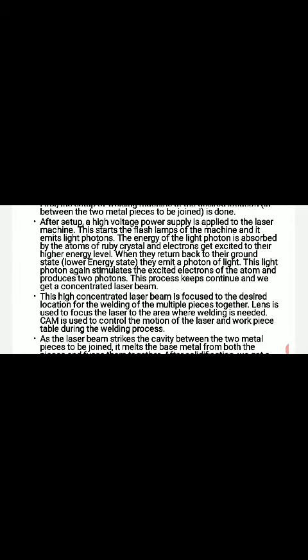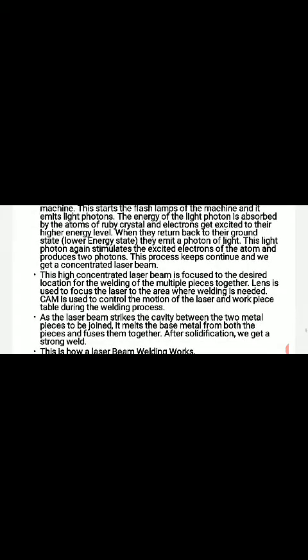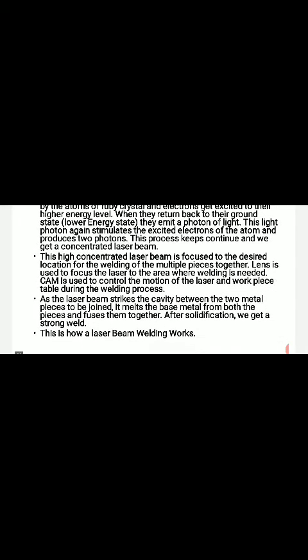This highly concentrated laser beam is focused to the desired location for welding multiple pieces together. A lens is used to focus the laser to the area where welding is required. A cam is used to control the motion of the laser and the workpiece table during the welding process. Normally a CNC control table or cam arrangement is provided for the laser gun.